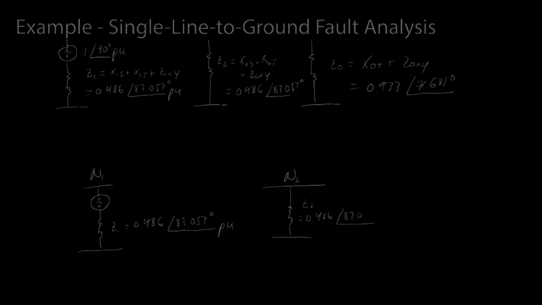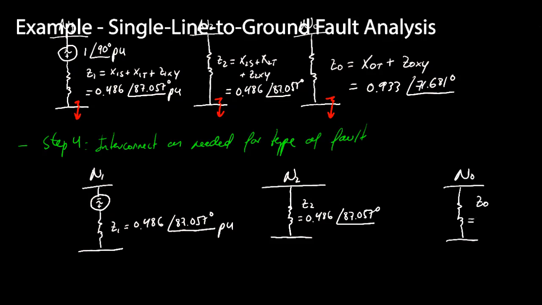And that's going to be equal to Z0, which is equal to 0.933 angle 71.681. Alright, so now again we have a very simple sequence network, and this right here is the faulted bus. So now again in step 4 what we're going to do is interconnect the sequence networks however we need to.